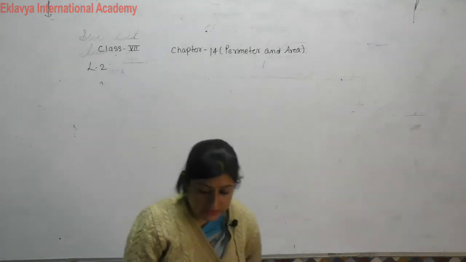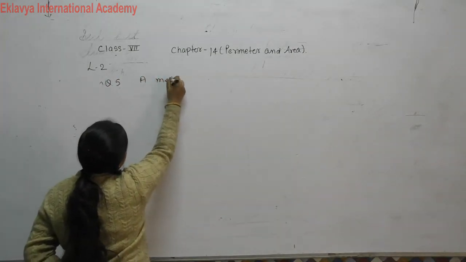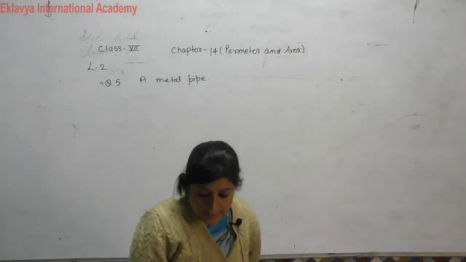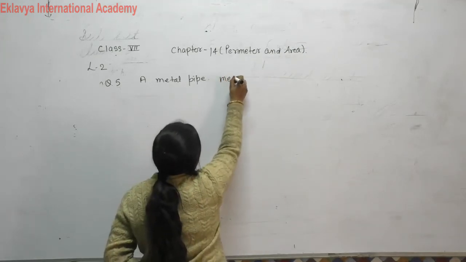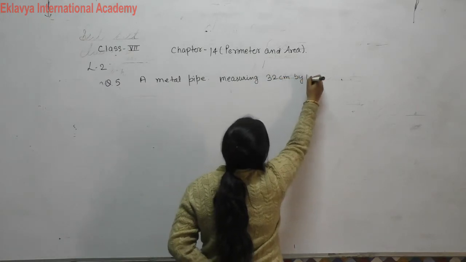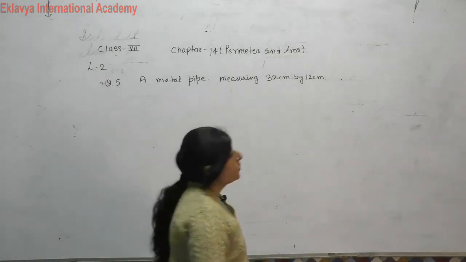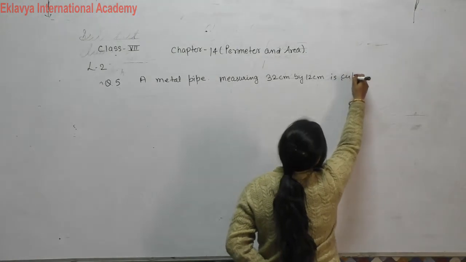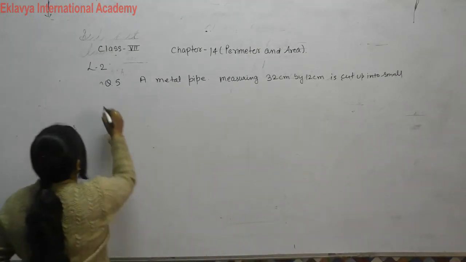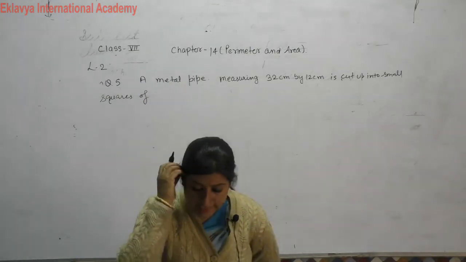In question number 5 it is given to you a metal pipe measuring 32 centimeter by 12 centimeter is cut up into small squares of side length 4 centimeter.